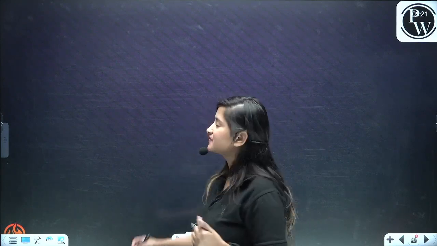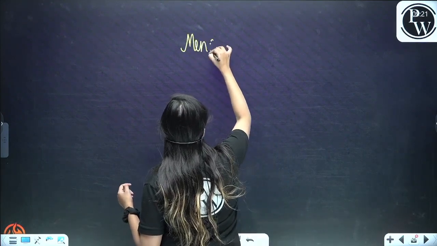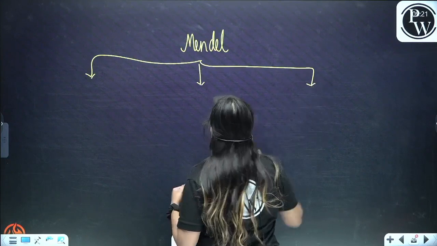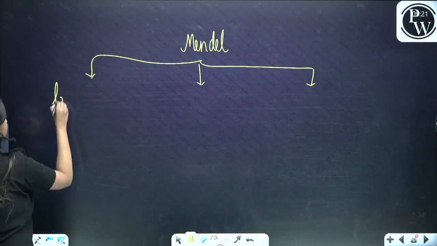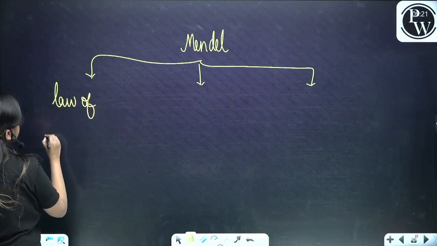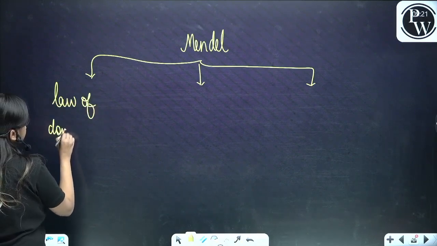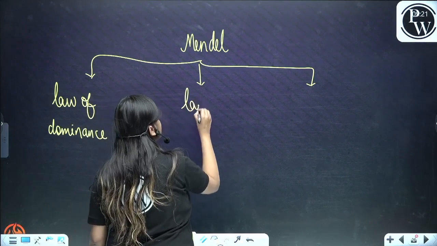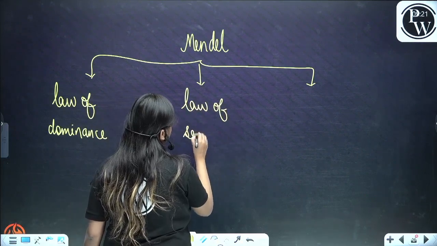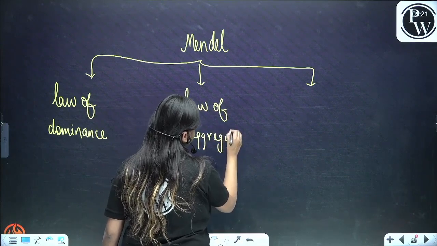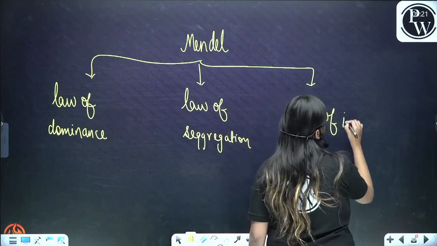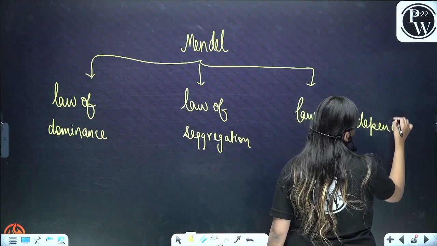Now, on the basis of all this, Mendel gave three laws: law of dominance, law of segregation, and law of independent assortment.